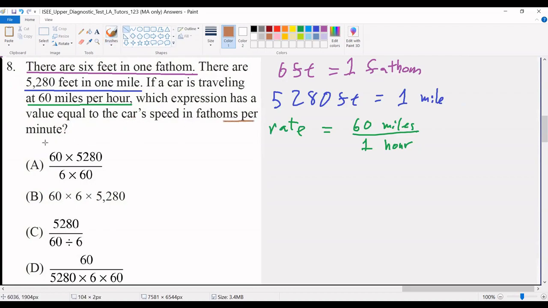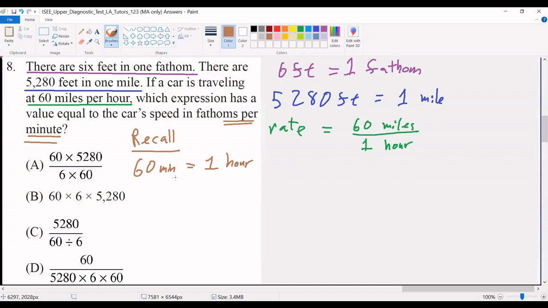So, here's another change we're looking for, something in per minute. So we want to recall this time change here. If we have a problem in hours and we need minutes, we remind ourselves we have 60 minutes is equal to 1 hour.